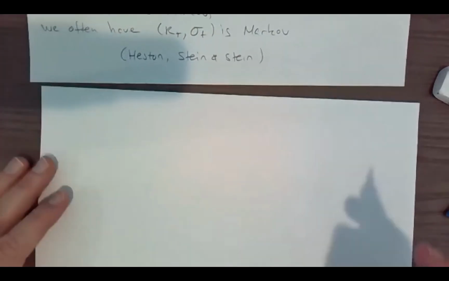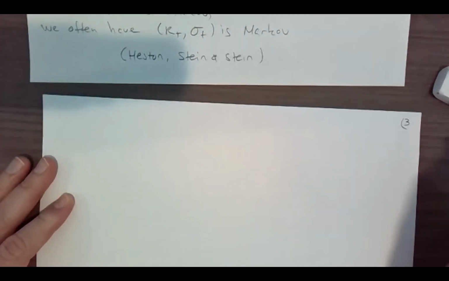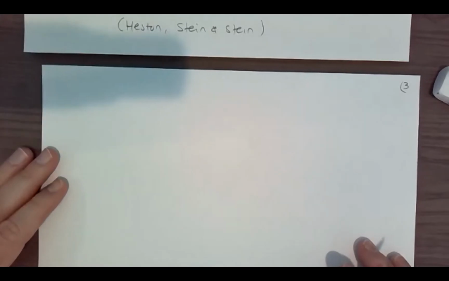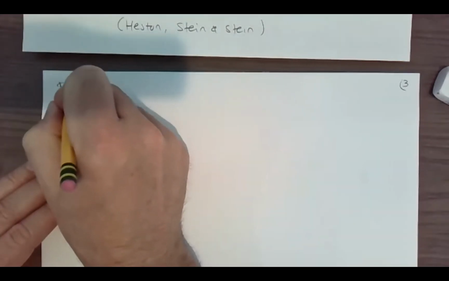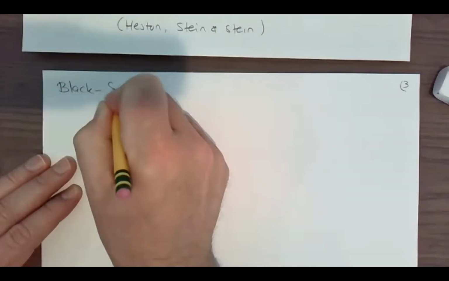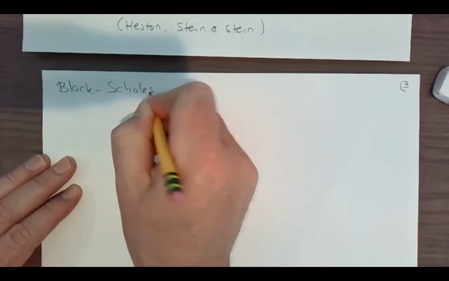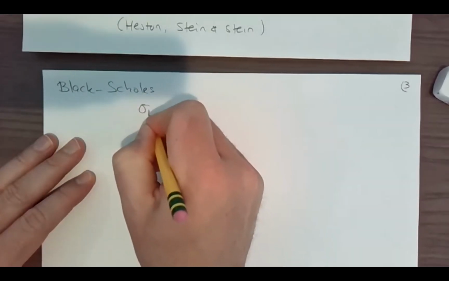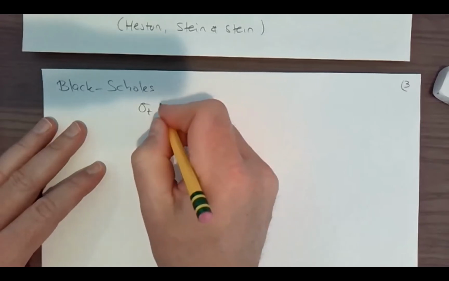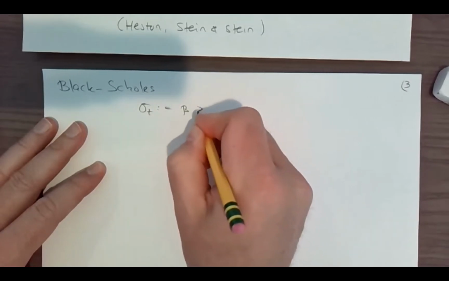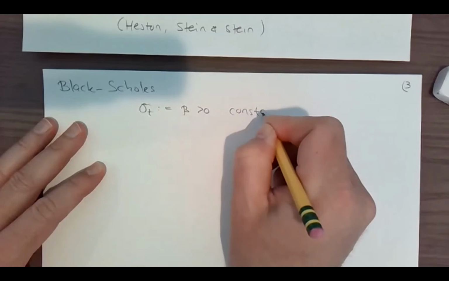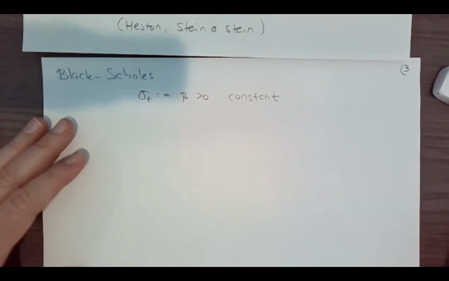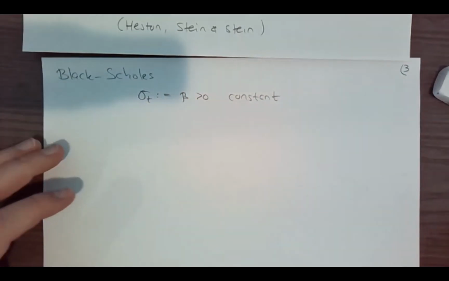So let's try to write down some models. So of course, if we do Black-Scholes, then sigma_t is just a constant. So that's kind of the simplest case we have.